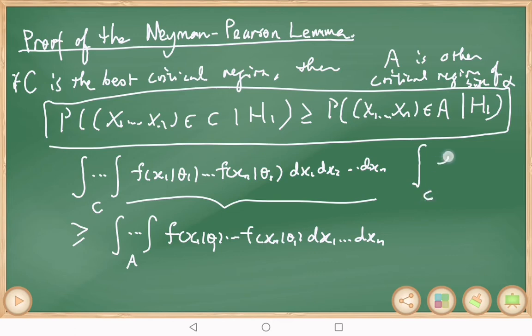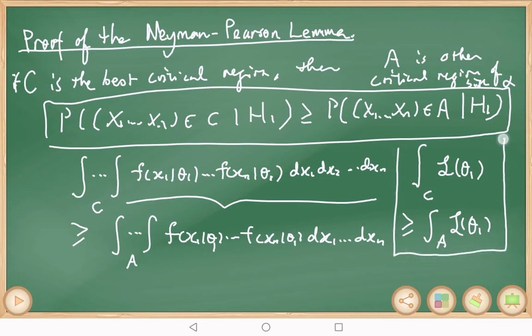And this part here is the likelihood function under the alternative. For the second part, I will write it like this. So essentially, this is what we want to prove.